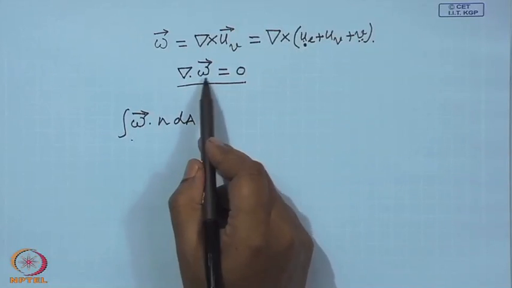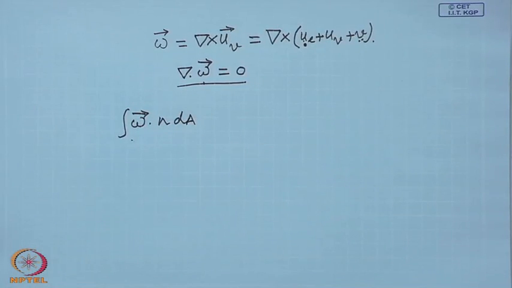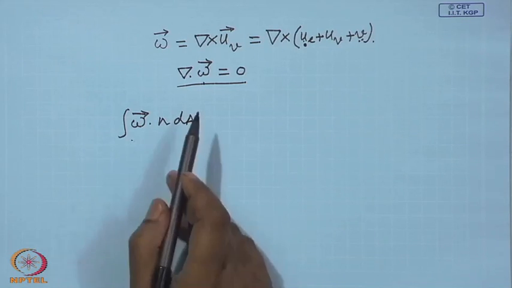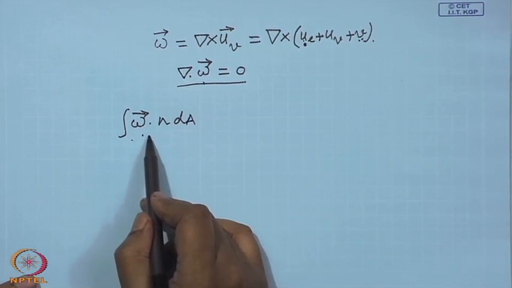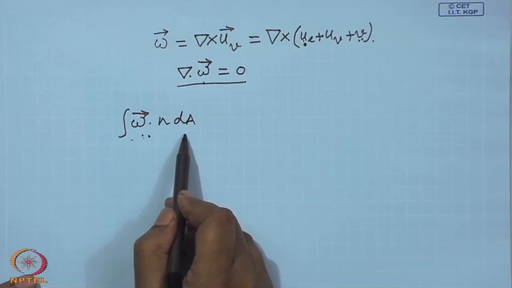This can be shown very easily like this. To show this, we will be using the equation, divergence of omega equal to 0. Now, how to get the divergence of omega from this relation? See, this is an area integral.